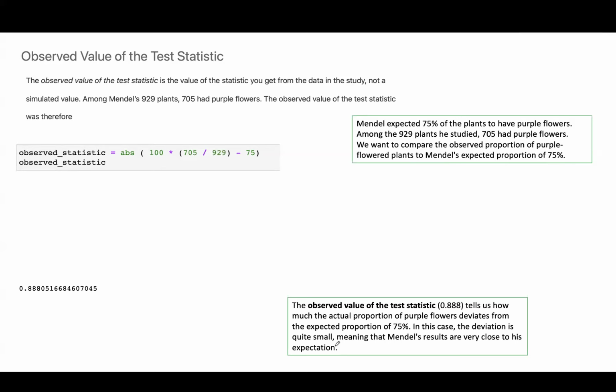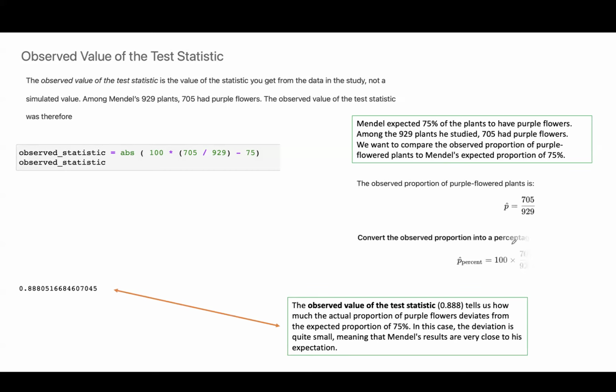In this case, the deviation is quite small, meaning that Mendel's results are very close to the expectation. The observed proportion of purple flower plants, if you do the algebra, p hat is 705 divided by 929. And if you convert the observed proportion into a percentage, you multiply that by 100 and you get 75.88.